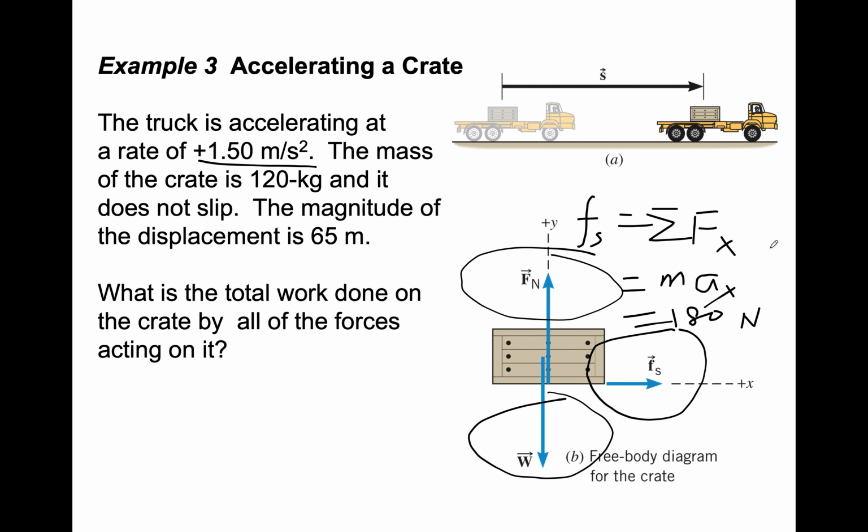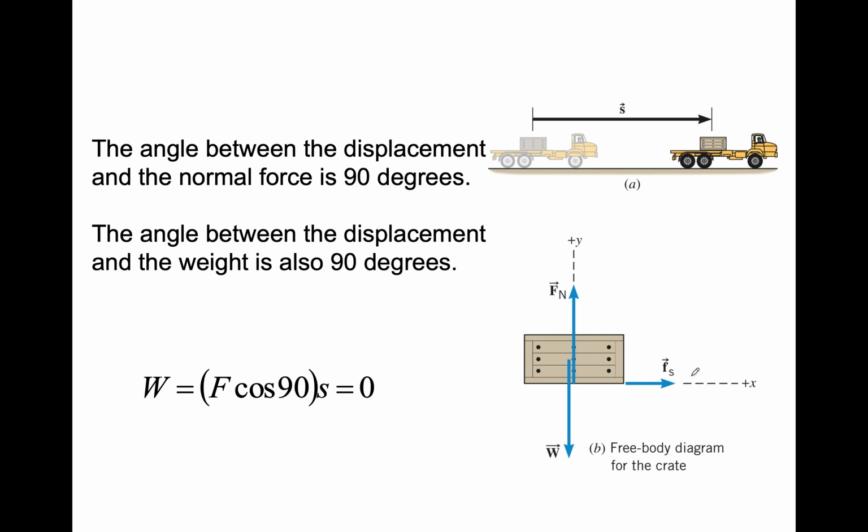Okay. Now we need to find out the work done by the three forces on the crate. So let's calculate the work done by the normal force. Normal force is pointing up, displacement horizontal. What's the angle between normal force and displacement? 90 degrees, right?